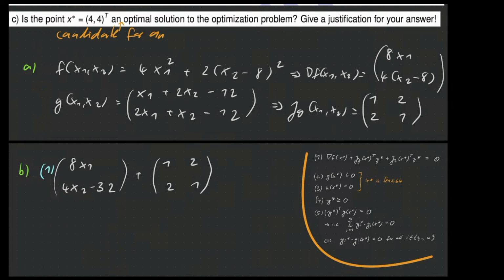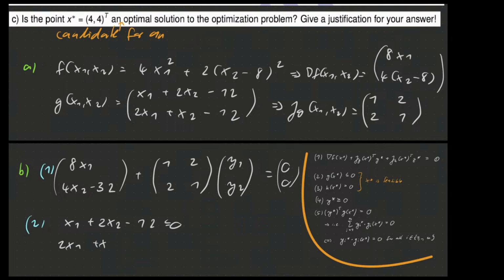We have two inequalities, so we need two multipliers. I'll call those y1 and y2. And that's 0. Right, so I get two equations here. Second, I just need to copy the constraints for that second part. Again, those constraints are x1 plus 2x2 minus 12 is less or equal to 0, and 2x1 plus x2 minus 12 is less or equal to 0.